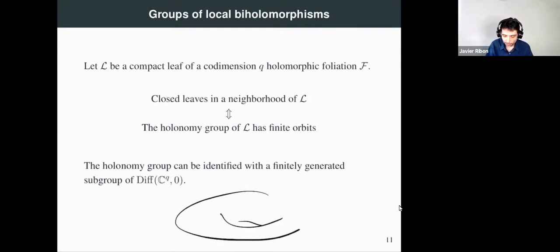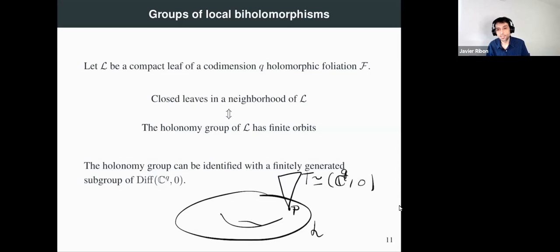We are in a situation, for instance, if our leaf is a torus and we consider here a transversal to this leaf, T. This T is going to be, locally, in the neighborhood of this point, essentially the same thing as the neighborhood of the origin in C^q.